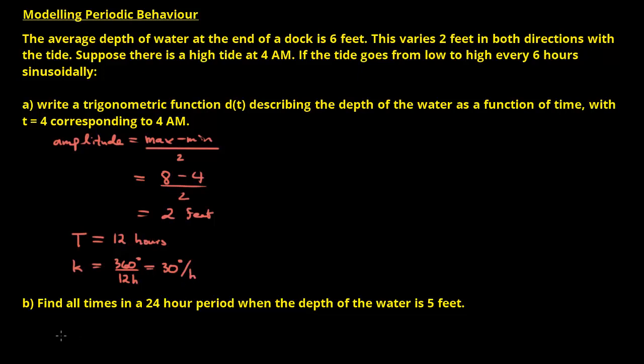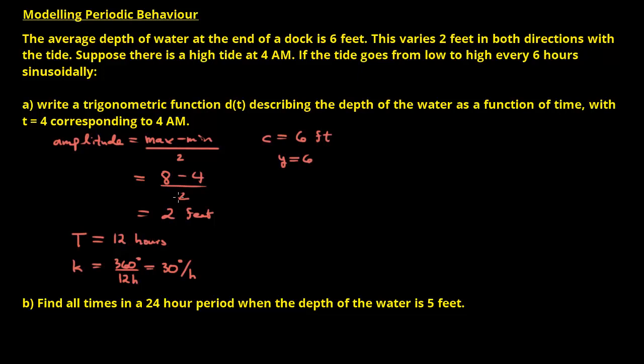Okay, the next part: we have our K value, our period, and we know what the amplitude is. Since we're told the average depth of the water at the end of the dock is 6 feet, we know that C is going to be equivalent to 6 feet. And that's the equation of the axis. So our equation of the axis is y equals 6.